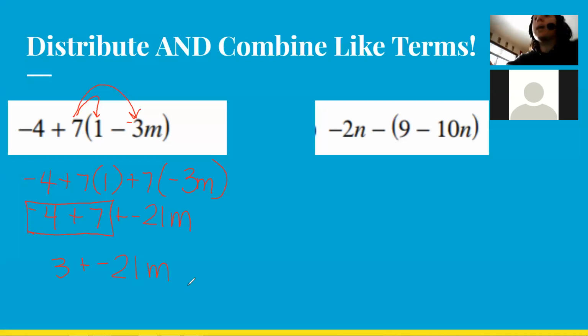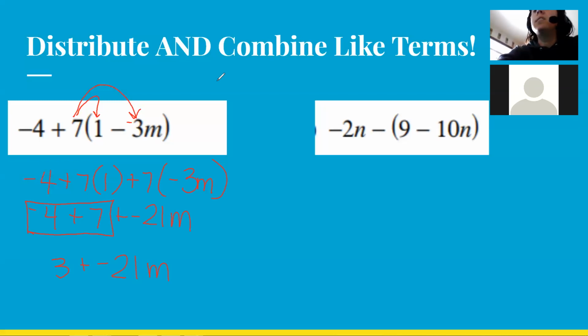Good stuff. Okay, last question here, guys. What am I actually distributing in this one? Because there are parentheses, I do have to distribute something. What gets distributed in the parentheses?